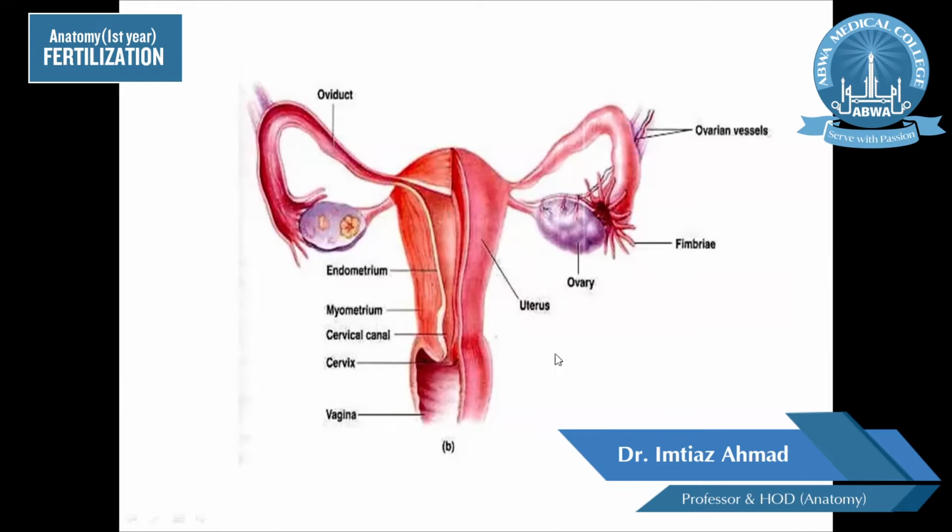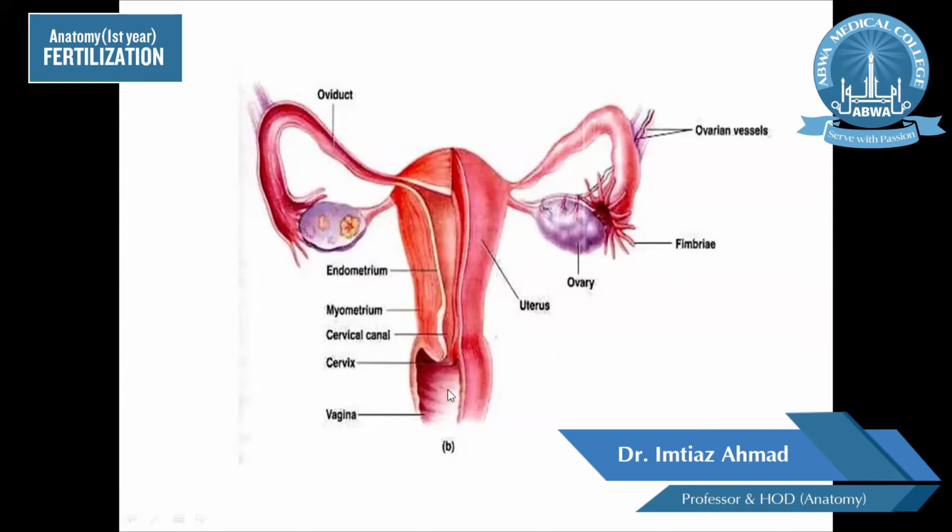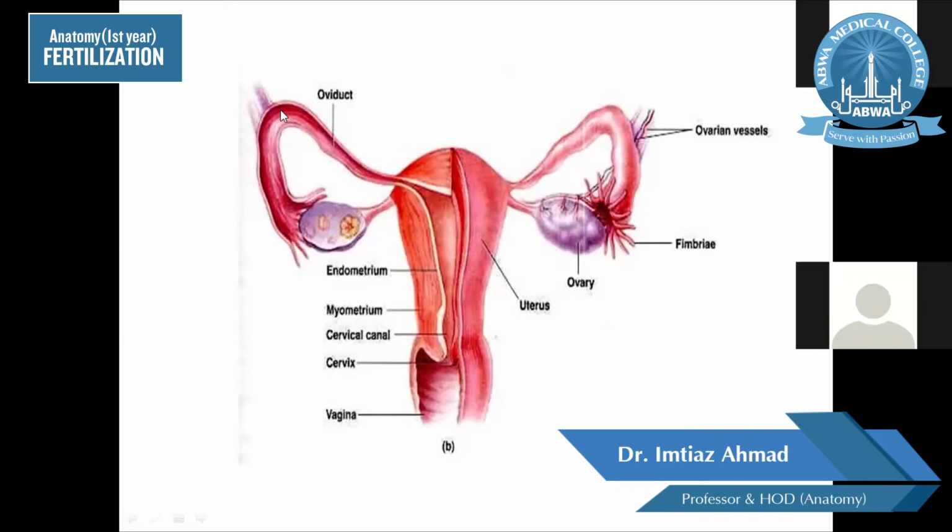Next, briefly, the sperms are deposited over here during sexual intercourse at the upper part of the vagina. From here, the sperms ascend up through the cervix, through the cavity of the uterus, then toward this side or that side, through the fallopian tube to its distal dilated end known as the ampulla.